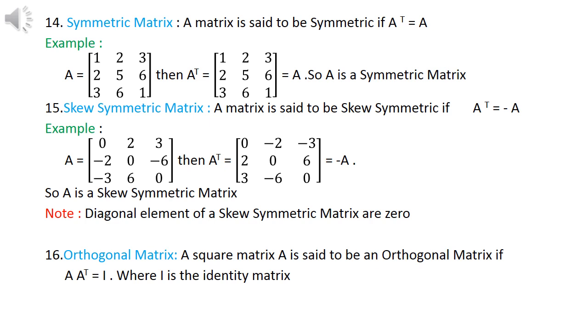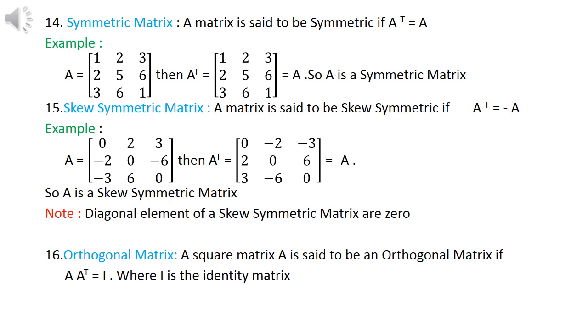Here A is a matrix and A transpose is equal to -A, therefore A is a skew symmetric matrix. Now tell me, null matrix is a symmetric matrix. This statement is true or false? This is true because in null matrix all elements are 0.